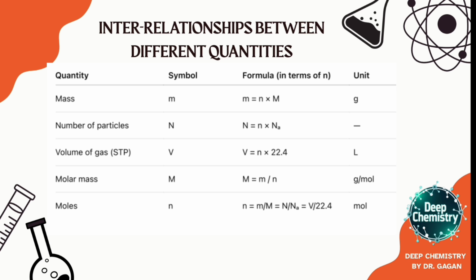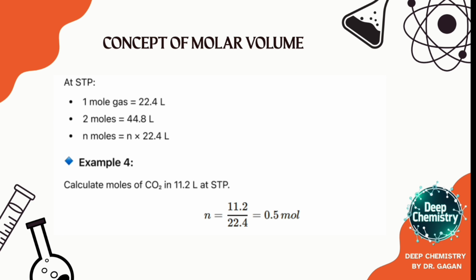We just discussed that at STP, 1 mole of gas equals 22.4 liters. So 2 moles equals 44.8 liters. 3 moles equals 67.2 liters, and so on. It's that simple.